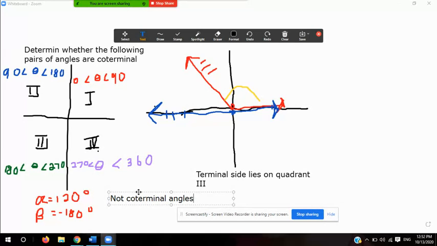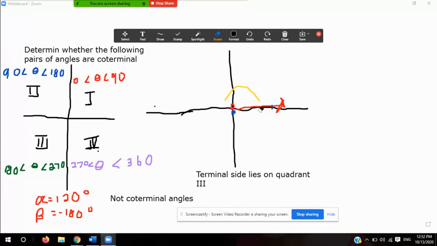Okay. Now we're going to look at B. So let me go ahead and erase this real quick. Let's look at B. I'm always going to leave the terminal side written, and the reason I do that is because we're assuming that the angles are in standard position.